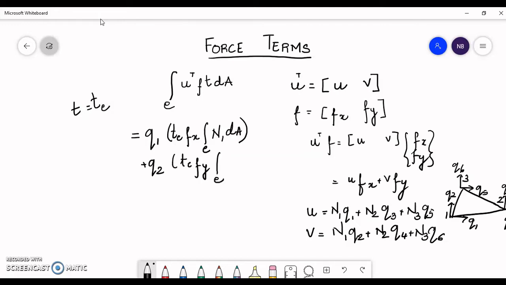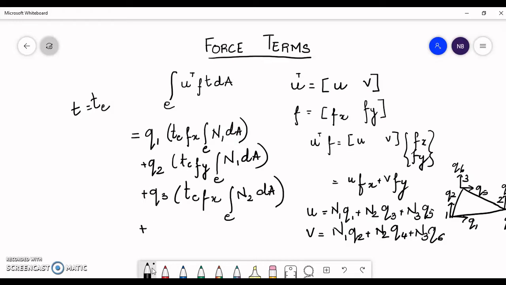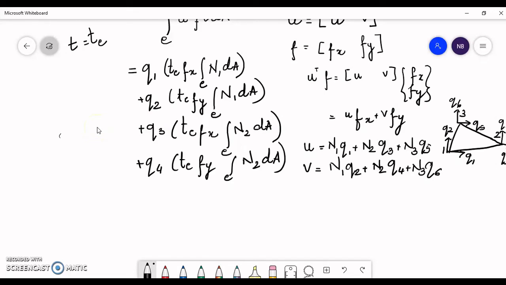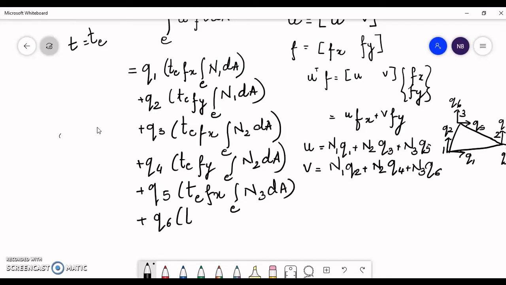Q2 Te Fy integral N1 dA plus Q3 Te Fx integral N2 dA plus Q4 Te Fy integral N2 dA plus Q5 Te into Fx integral N3 dA and Q6 Te Fy integral N3 dA.